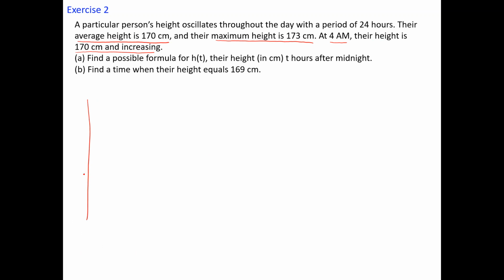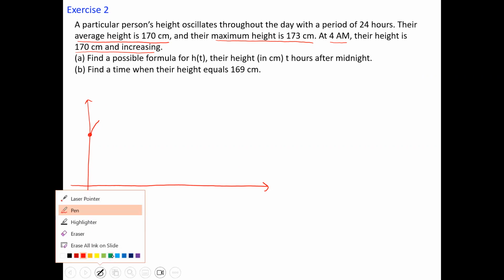And since the values are not between -1 and 1, like for sine and cosine, then we definitely have a vertical shift. And probably we have a horizontal shift also, because of 4 a.m. I will start with the sine function, sine model, because it's telling us that we have average. We know how sine function behaves.